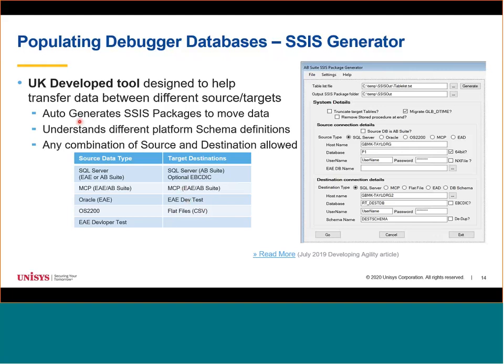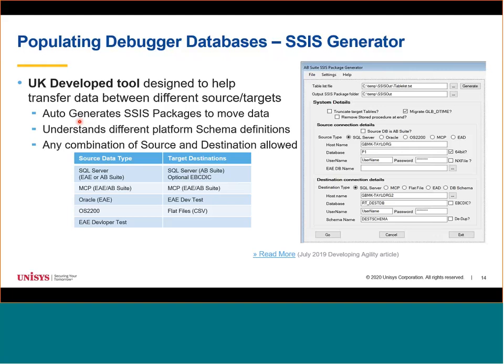Now, as I say, what this tool does is it generates what are called SSIS packages. SSIS is a standard SQL Server feature called SQL Server Integration Services. It's a tool set that's designed to take any source or lots of different sources, manipulate the data in some way, transform it in some way, and then write it to a target output medium.